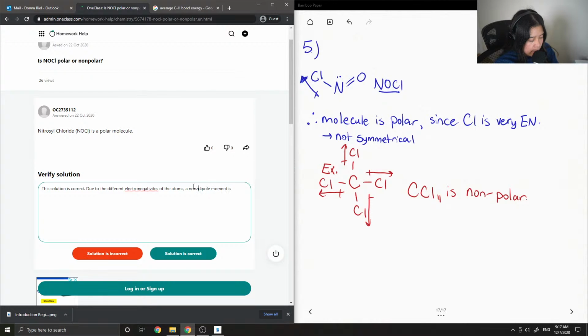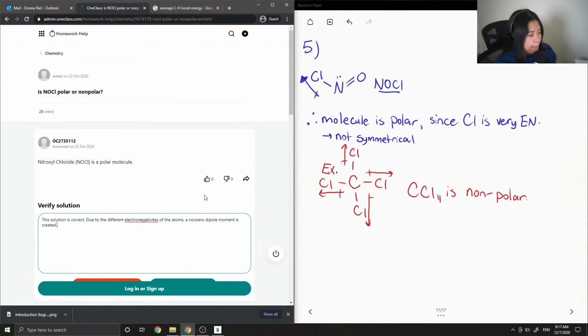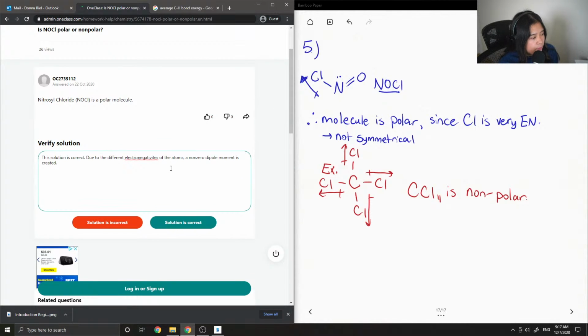A non-zero dipole moment is created, I'll say due to the differences in electronegativity.